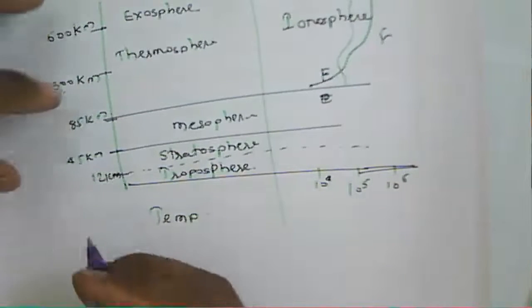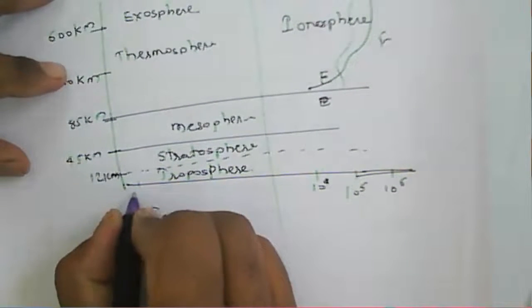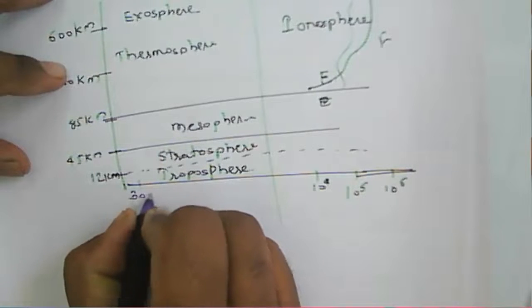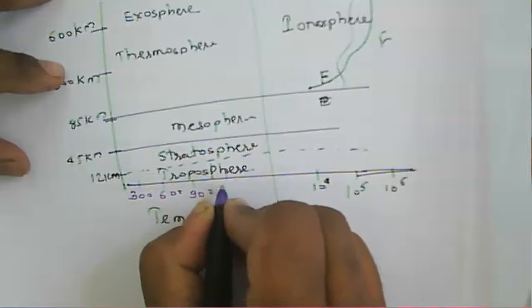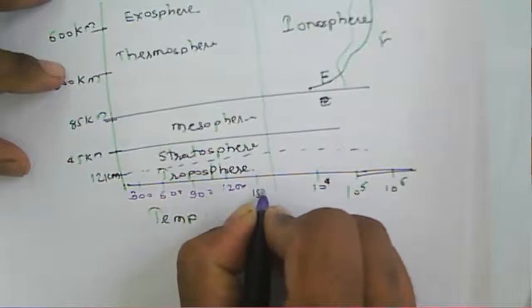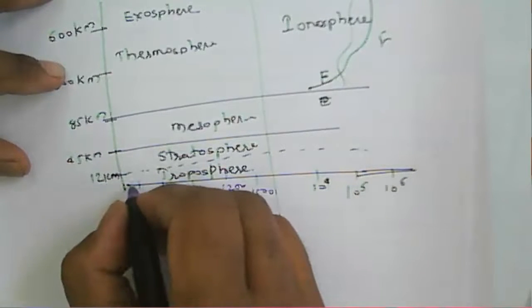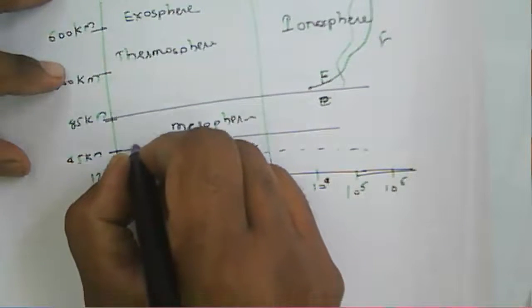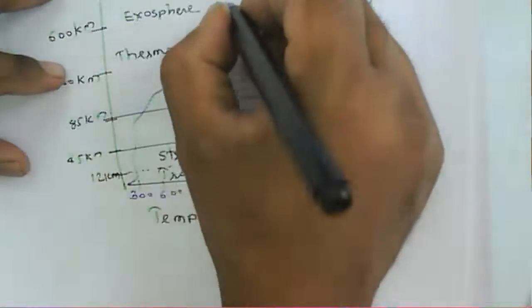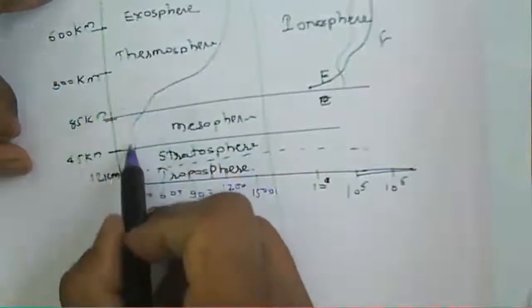In the case of temperature, here we say 300, 600, 900, 1200, 1500. At this particular temperature, the temperature variation occurs at a particular kilometer.